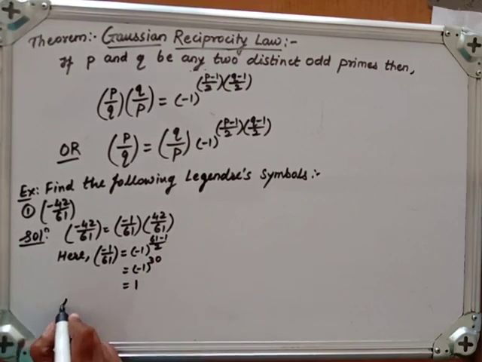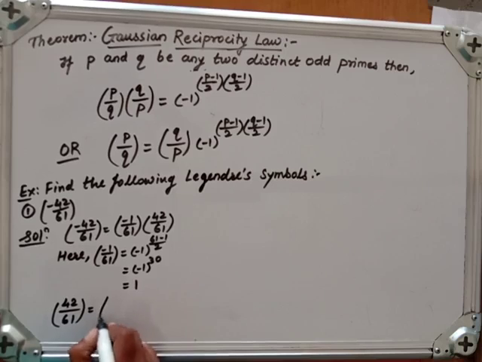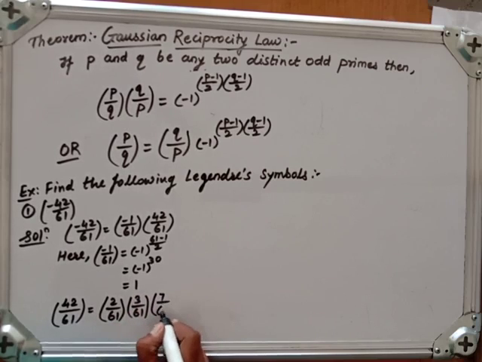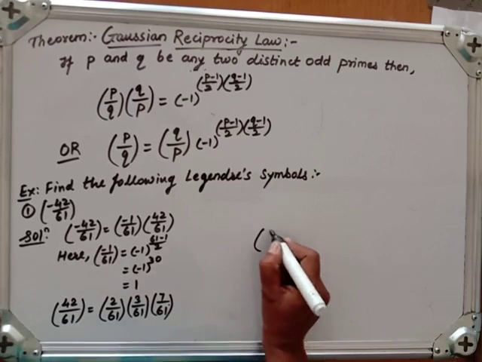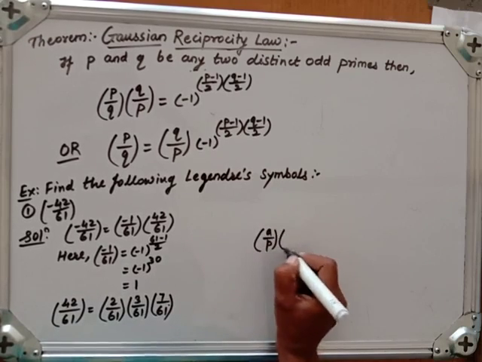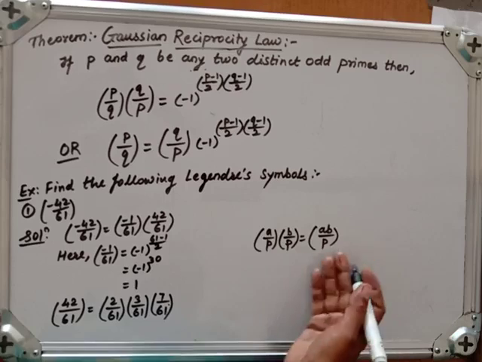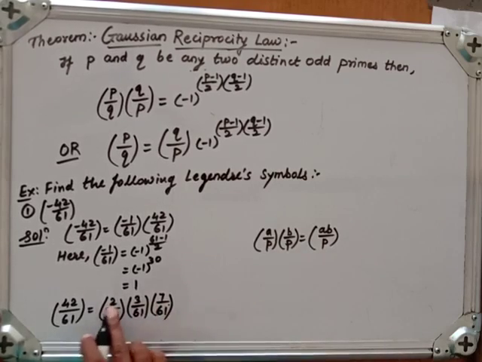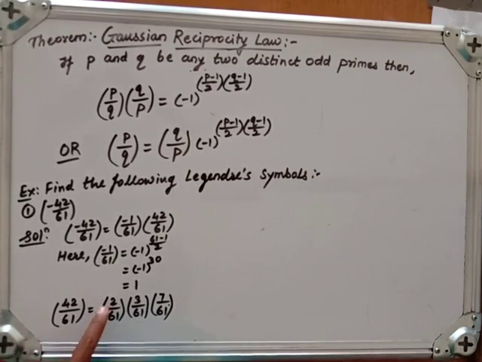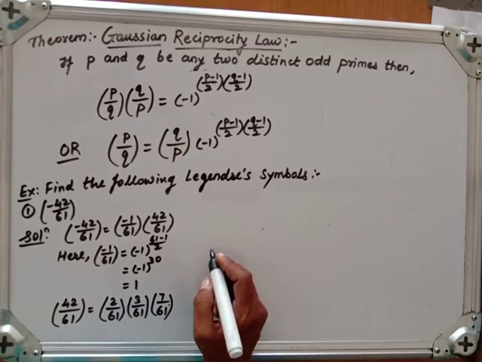Now the question is left for (42/61). So (42/61) can be written as (2/61) times (3/61) times (7/61). By the property, (a/p) times (b/p) is the same as (ab/p), so here we have used it in reverse. These are the factors of 42, so we can separate them. Now let me find these one by one.